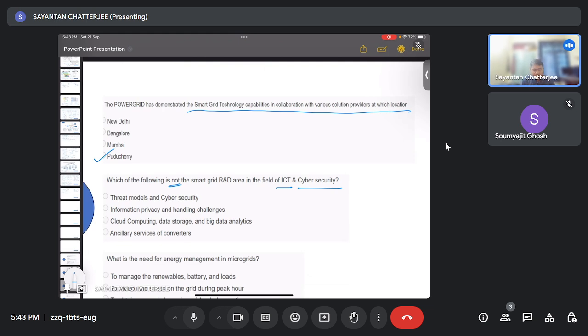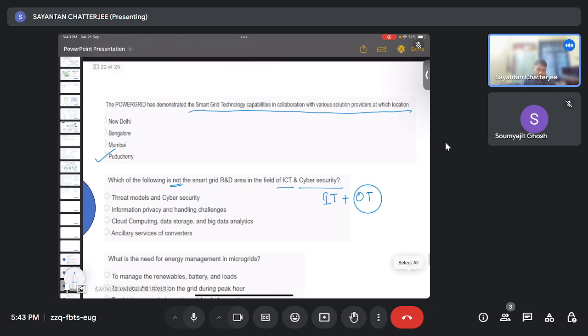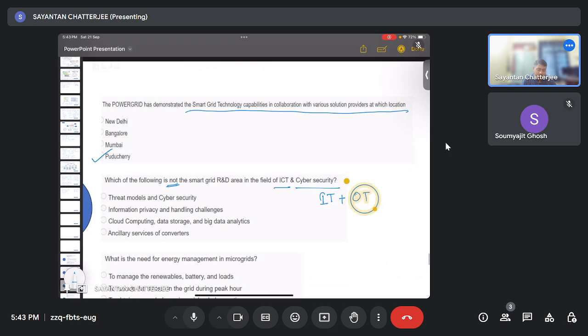Cybersecurity is another domain which is evolving with the mass integration of the IT layer. The OT layer, meaning operation technology, was there, and the IT layer added a different problem.